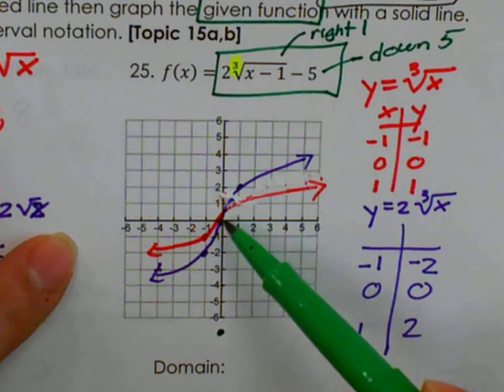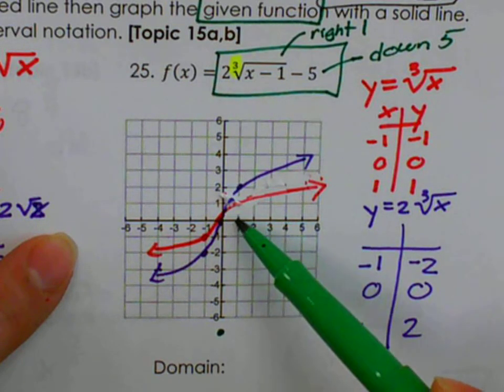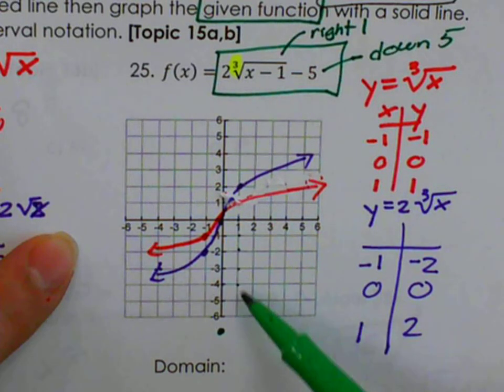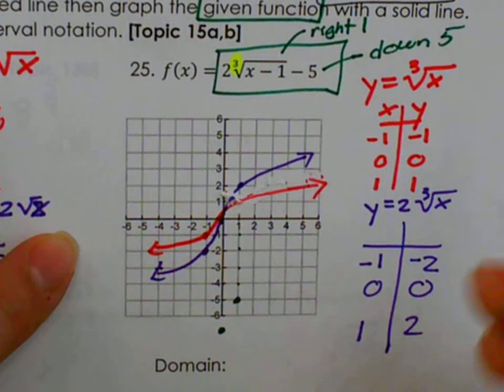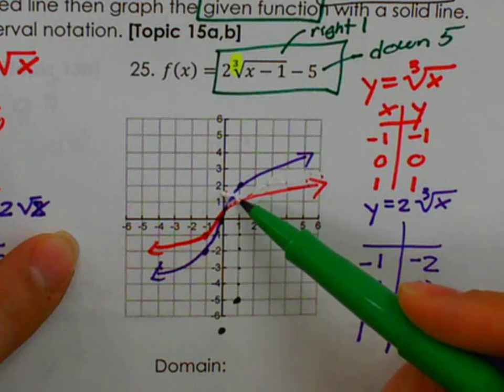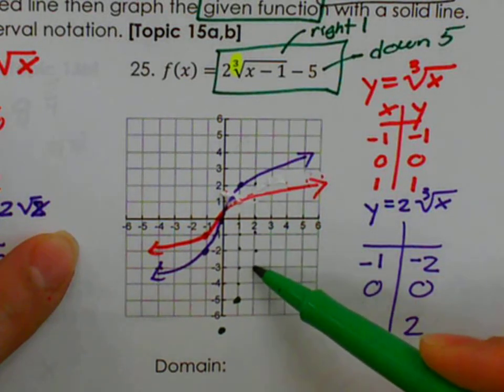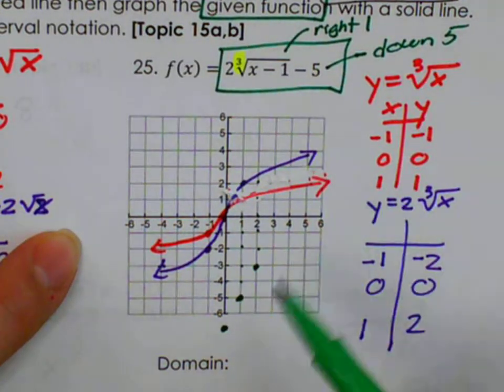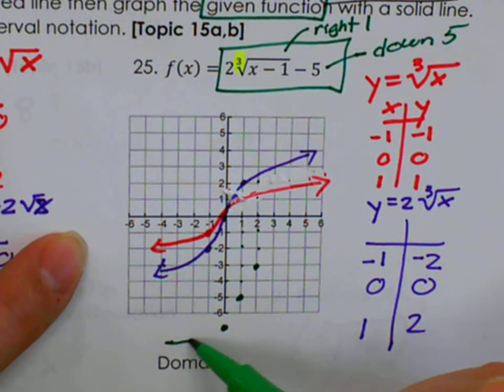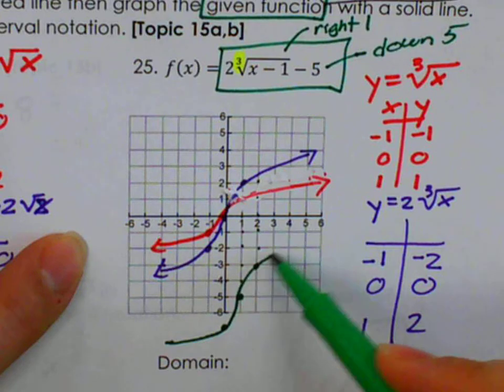And then this point here, to the right 1, and 1, 2, 3, 4, 5. And then this last point here, I'm moving to the right 1, and 1, 2, 3, 4, 5. So my function actually looks like this.